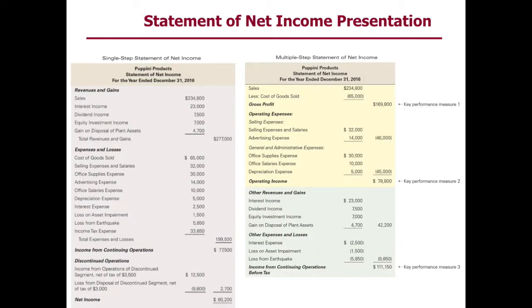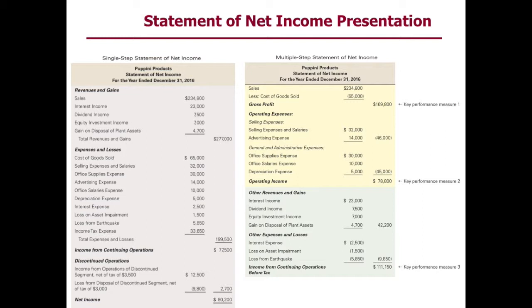So here we have our single step on the left and our multi-step, or a partial multi-step, on the right. And you can see again with the single step, we've grouped all of our revenues and gains together, and we've grouped all of our expenses and losses together. We subtract those two to get our income from continuing operations. Just like on the right-hand side, our multi-step income statement, you now see those key performance measures as we go down the income statement: the gross profit, the operating income, the income from continuing operations before tax.